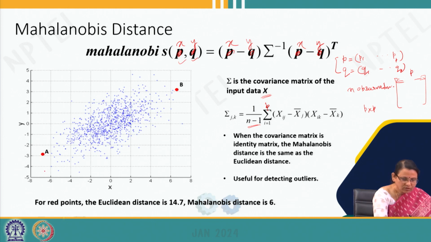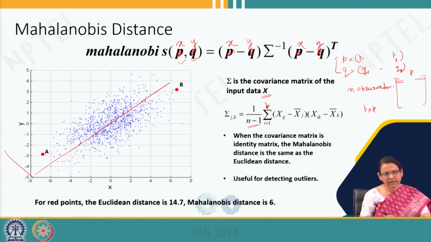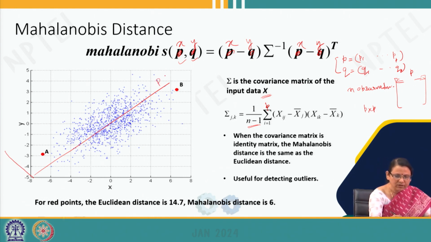So, if we try drawing the major axis on which maximum variability lies, we will be getting a rotation and get this principal component 1 and principal component 2.